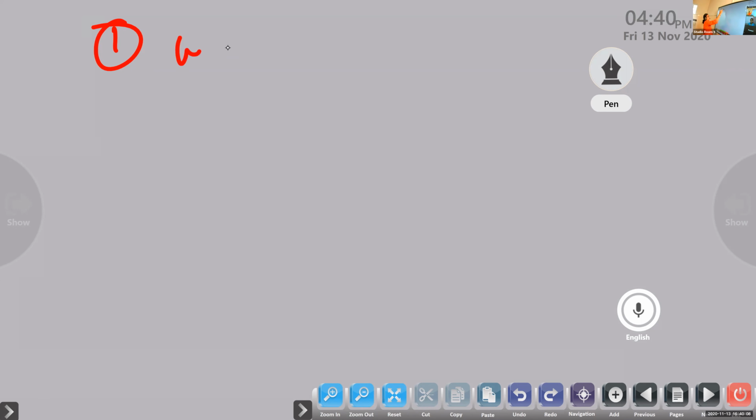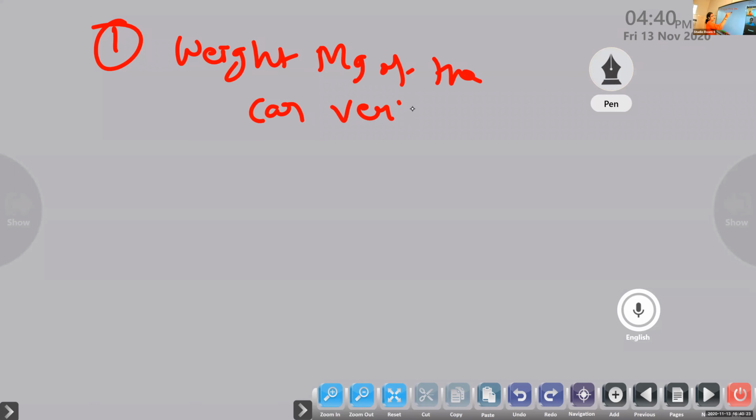What is that? Weight, mg, of the car, vertically downwards.